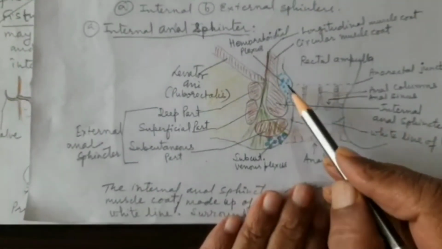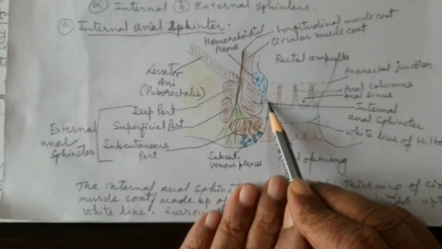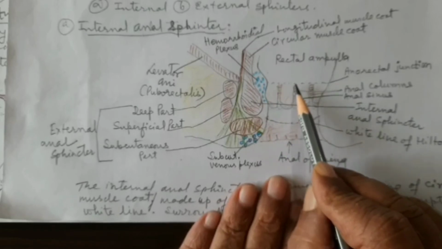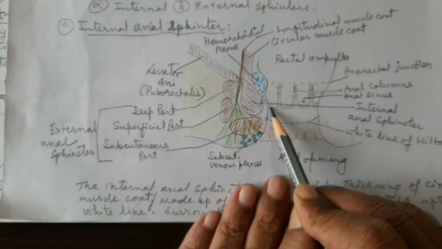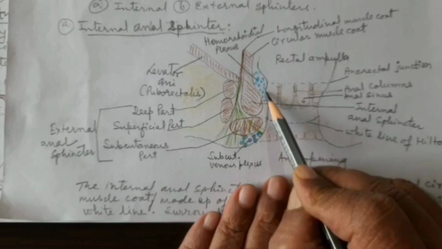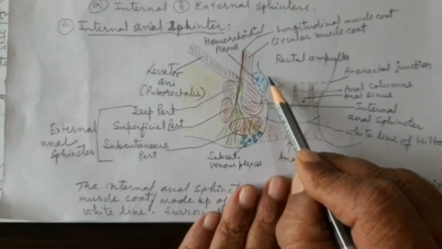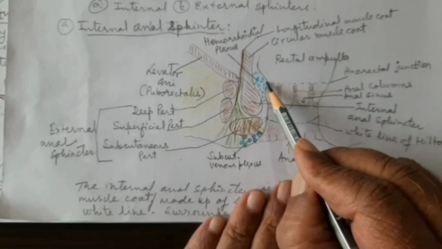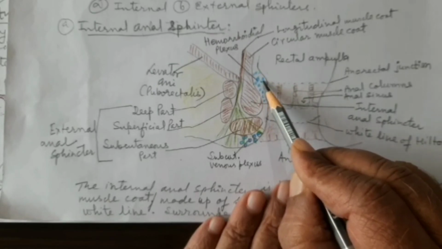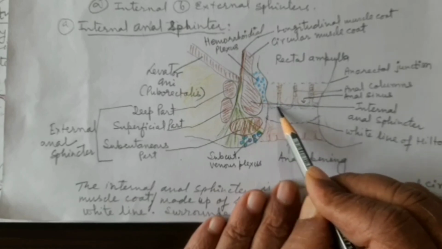Let us see how this rectal or hemorrhoidal venous plexus is situated above the pectinate line. See, these are the anal columns, anal sinuses and anal valves, and this line is called the pectinate line. This venous plexus beneath the epithelium in the submucosa, if it gets enlarged, is called internal piles, and it is always above the pectinate line.